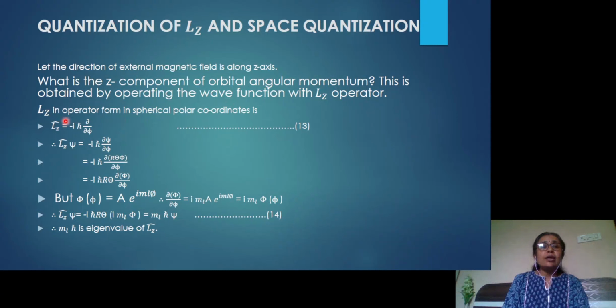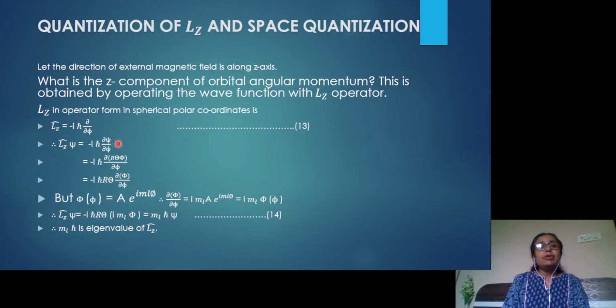So the Lz operator in the spherical polar coordinate system is written as minus i h cross del by del phi. The wave function of the electron in the hydrogen atom, that is psi, which is a product of R, theta and phi, we are going to operate with the Lz operator. So it is written over here in this expression.